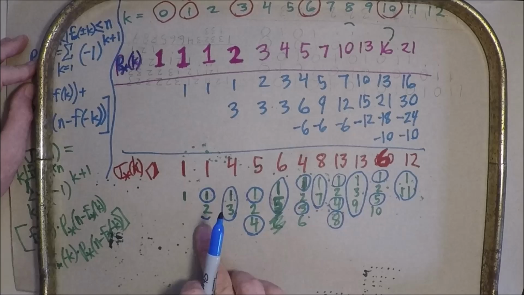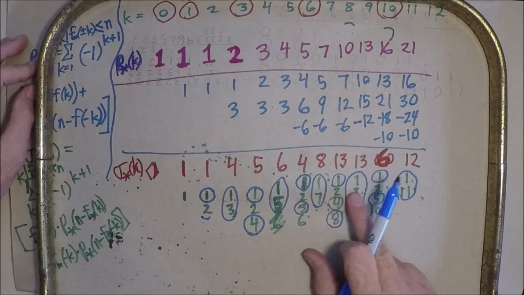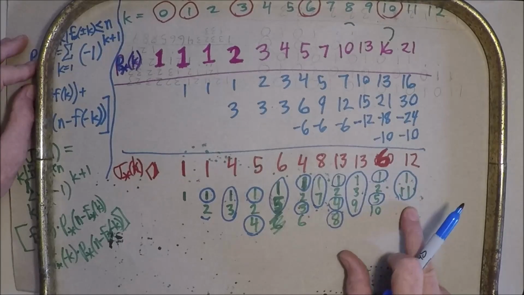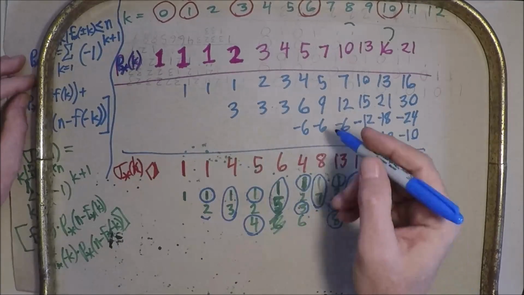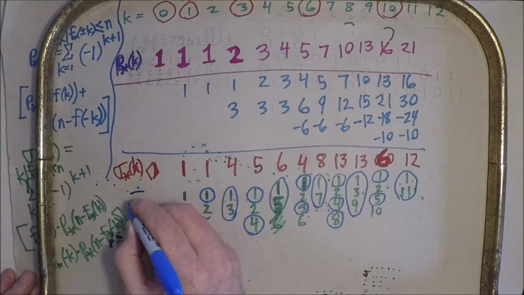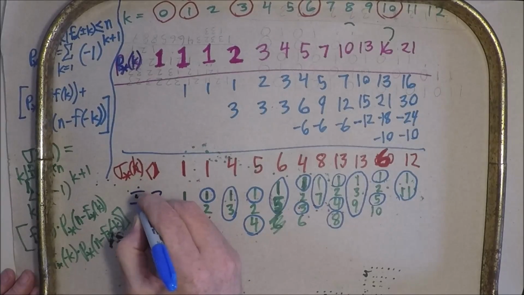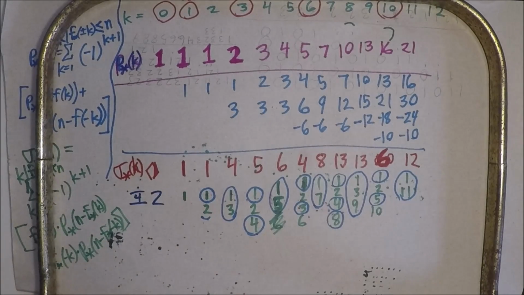So what's not circled? Well, 2, 6, 10, and what are all those? Those are the numbers that are equivalent to 2 mod 4. And that's it.